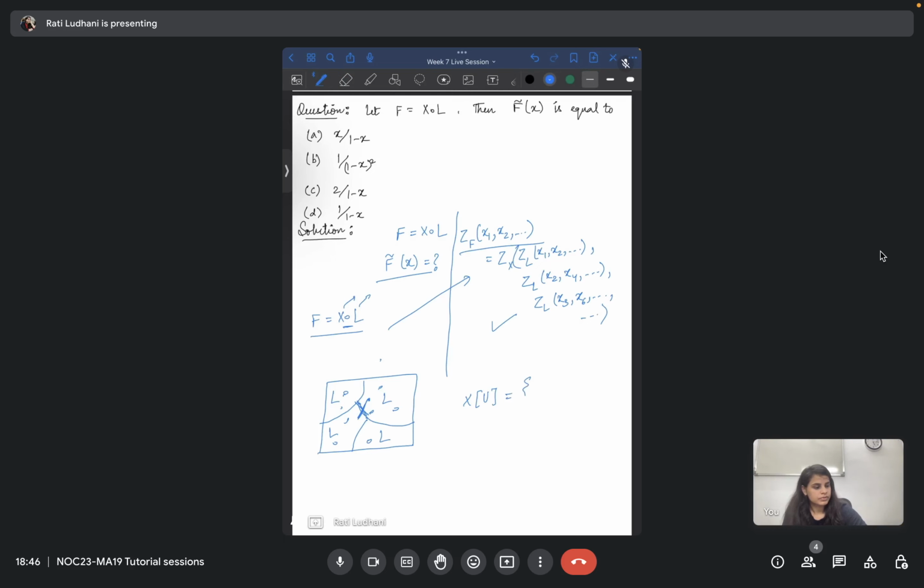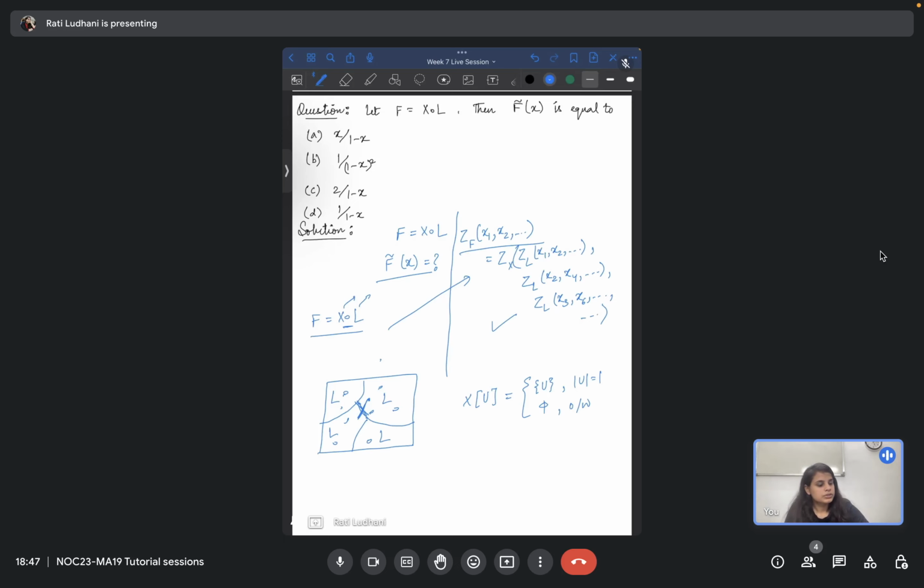X is the set u with cardinality of u equal to 1. Yes, exactly. And otherwise phi: if the cardinality of u is not equal to 1, then there is no structure, and if the cardinality is 1, then there is only one structure.